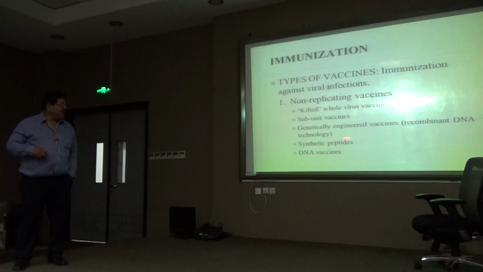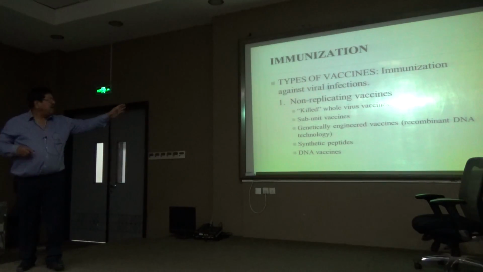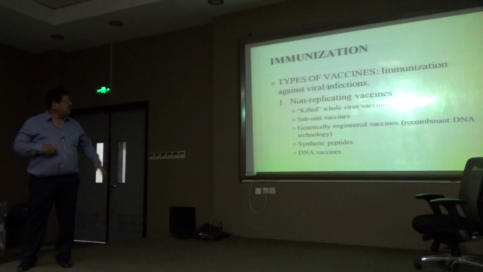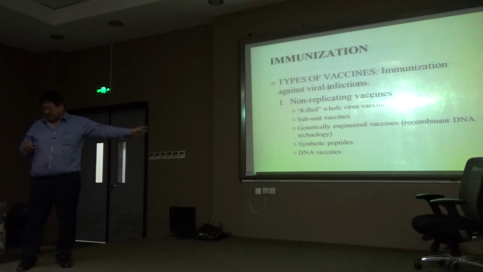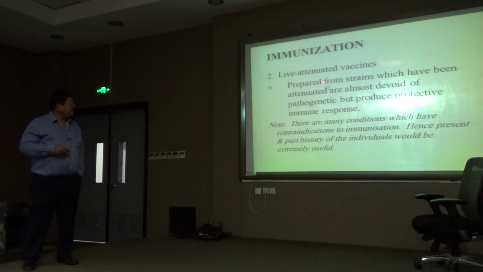Or you can have genetic DNA technology engineered vaccines. You can have synthetic artificial peptides which point to a particular type of antigen, or you can take out the DNA. So these are some of the types of non-replicating vaccines that you will come across. If I ask you what is non-replicating and give you some options, you'll be able to answer these questions.